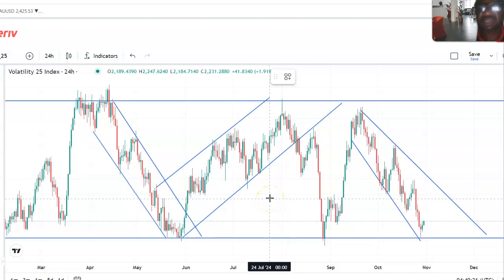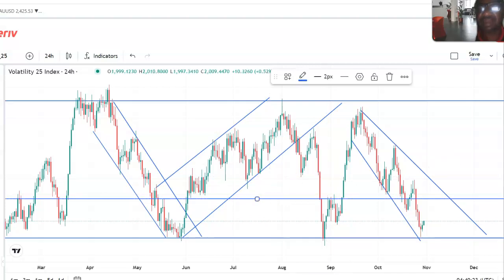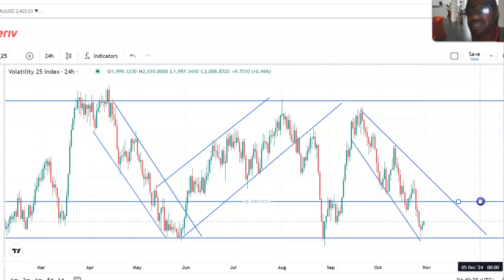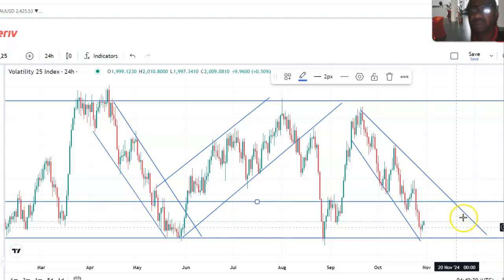I need to round up this line here. Now I round it up with a number. Okay, this is actually at 2,067. So I'll round it up with 2,060. Okay, now I've rounded up.